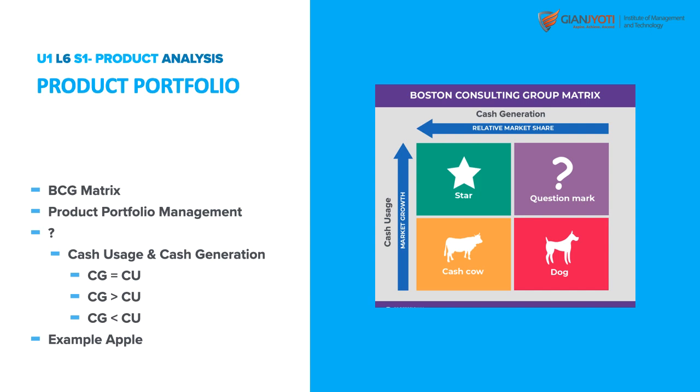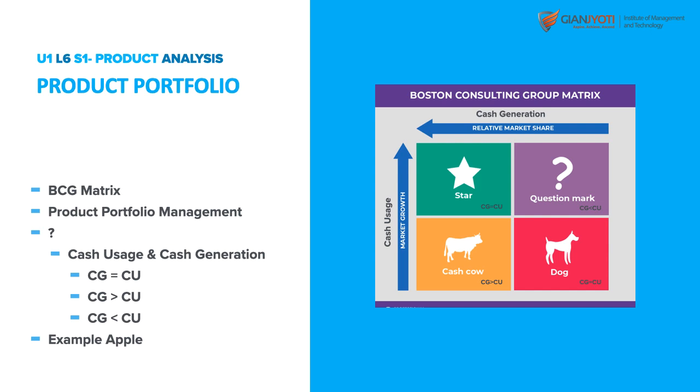Well, again, I know you know the answers. Now over here what you are seeing is, in dog and star, you have cash generation equal to cash usage. That means in case of dog, the market is not growing and the market share is also not growing.